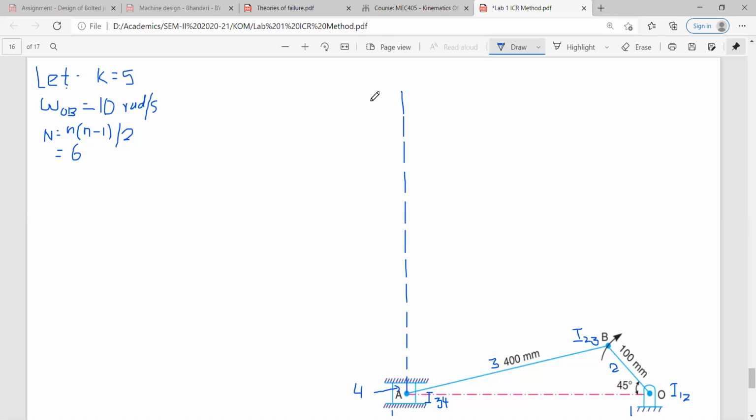And till where I have to go, I will indicate here that there is I14, but this instantaneous center is at infinity.